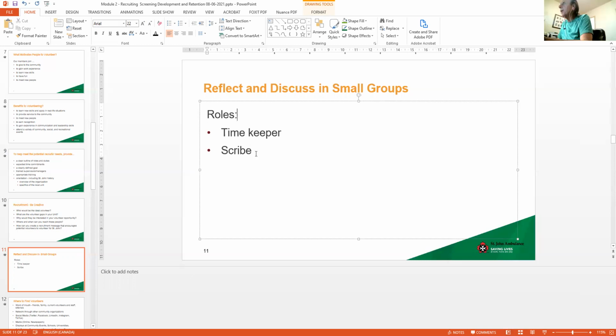And the third one is reporter. They report back to the big group. And I would put a dash, summarize. They wouldn't read everything, but they would say we talked about this or whatever. Summarizer, or summary, whatever, summary.